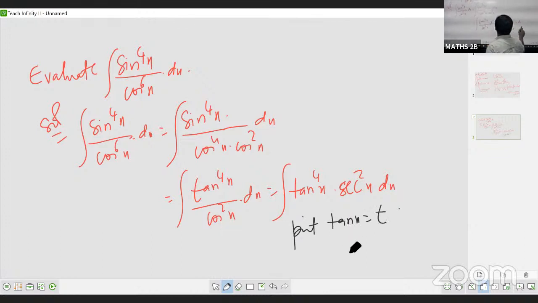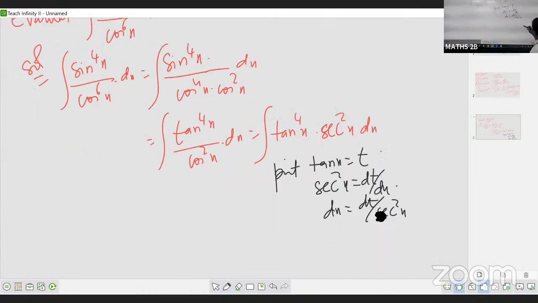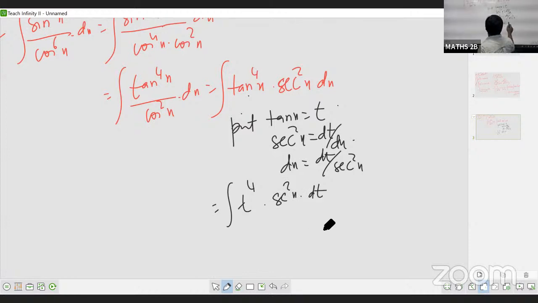So tan x equal to t, secant square x equal to dt by dx, and dx equal to dt by secant square x, correct? Now replace everything. This I took as t power 4 into secant square x, and dx means dt by secant square x.